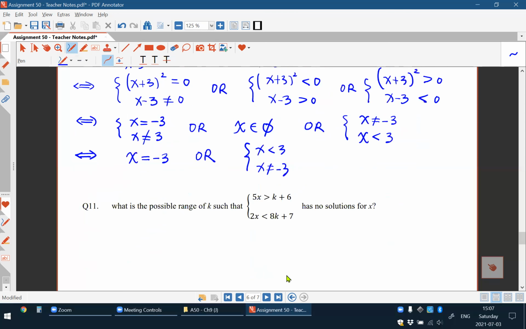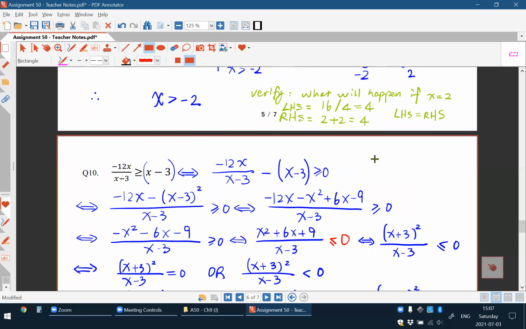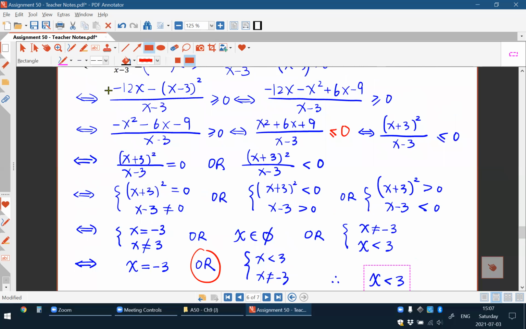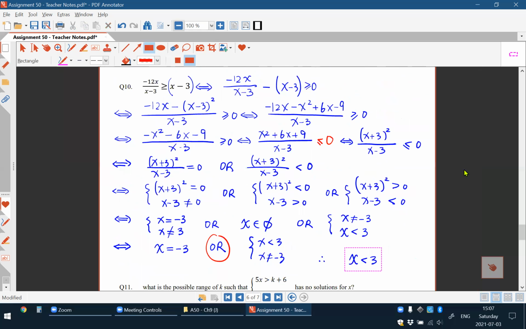The first solution says x can be minus 3 and the second says x cannot be minus 3. But remember that this is an OR operation. That means x can be minus 3. So the final solution is x is smaller than 3. As long as x is smaller than 3, the original inequality is satisfied. Okay, have a look at this. Do you have any questions?